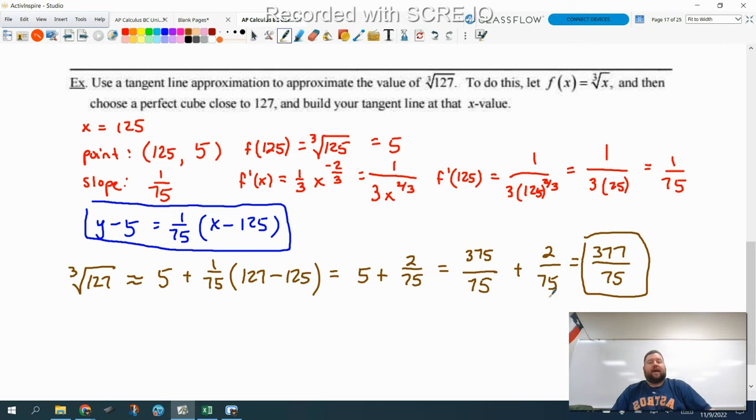You could plug that into a calculator to get a decimal version of that. Plug in the cube root of 127 to get that decimal version and see how close you are. I'm going to do that actually. So let me get my calculator loading up here.